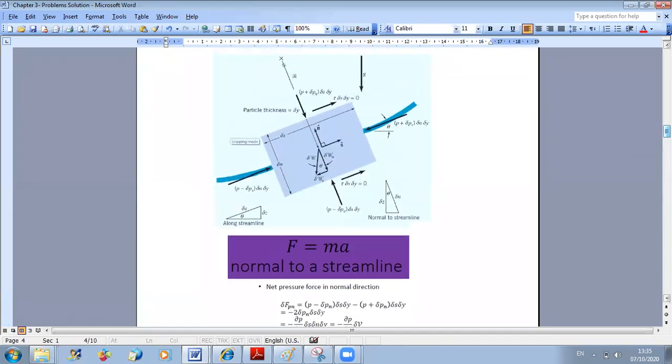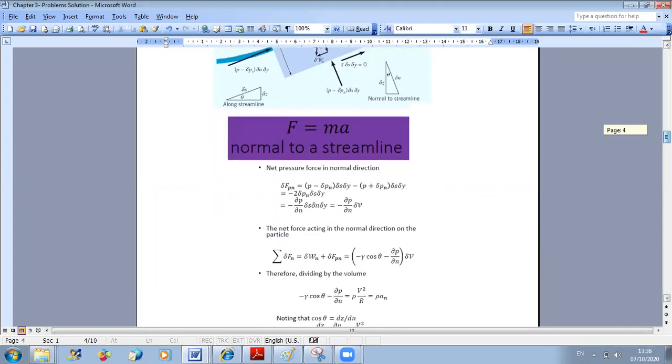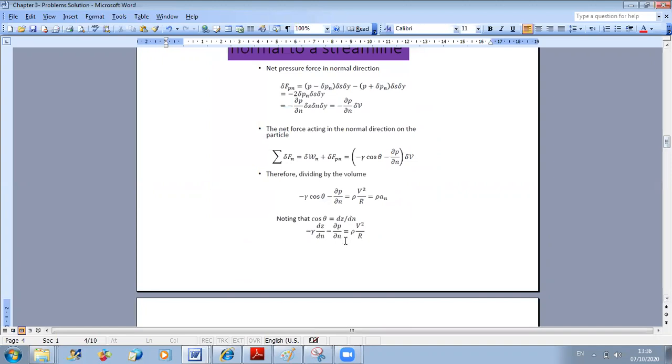Cosine theta can be replaced by del Z over del N. If you replace cosine theta by del Z over del N, you end up with the following relation, and this is the relation we will use in this problem. So for a streamline, when we move perpendicular to the streamline, we can apply: minus gamma dz by dn minus del p by del n equals rho V squared over R.